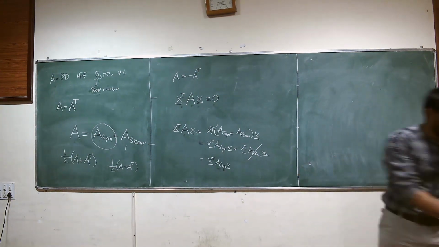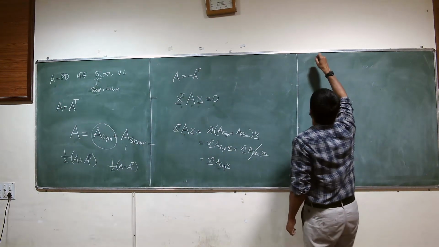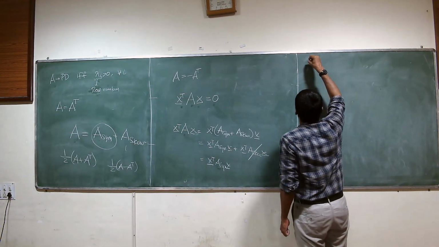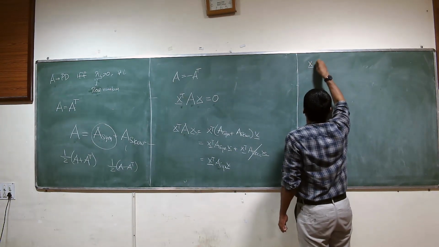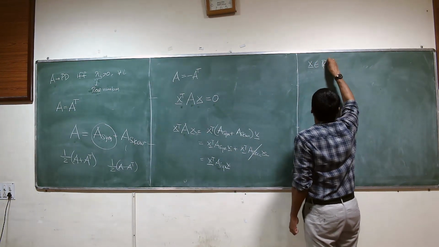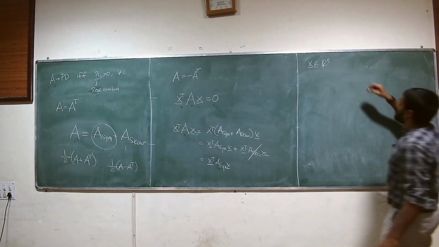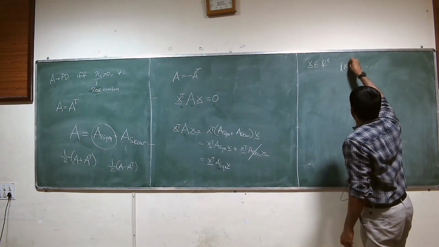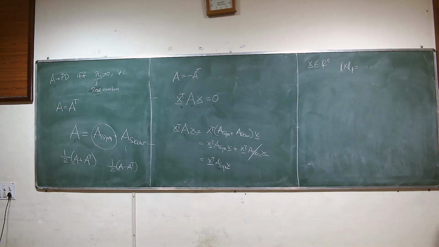The next topic, or a small topic that we'll talk about. So we've talked about norms of vectors. Okay, maybe let's recap. If x is a vector from Rn, what is the expression for the pth norm of x? Okay.